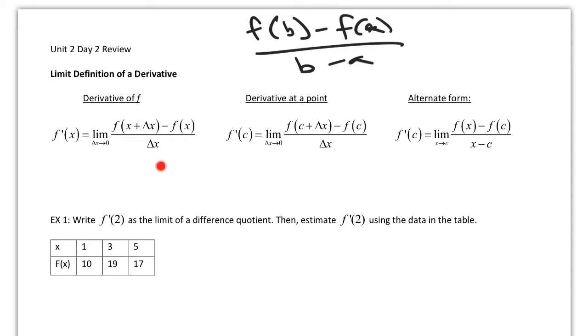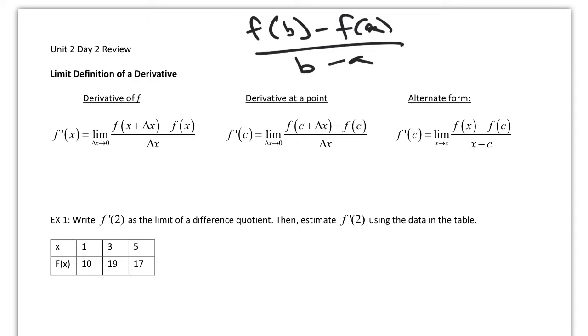The concept here, the visual idea, is that we're taking that secant line and getting it closer and closer and closer until that limit approaches 0, or until x approaches c, and now it's a tangent line. And the general derivative here creates that tangent line anywhere we want on the function f where the derivative would be defined.